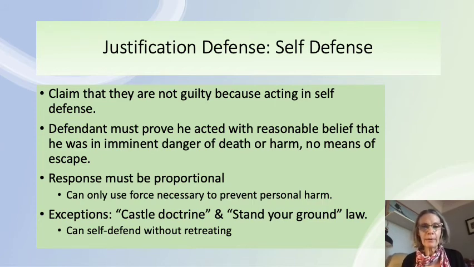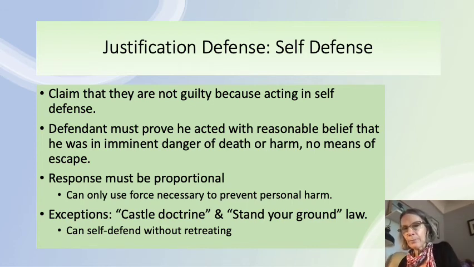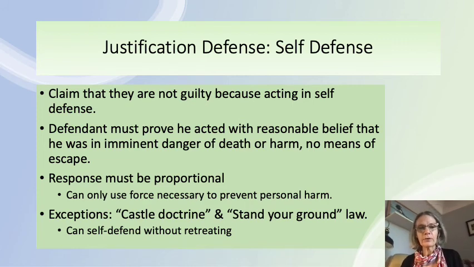So if you're in your home and somebody enters your home, you don't have to try to escape your home first. The castle doctrine is basically that you can engage in self-defense even without retreating, because your home is your castle. Okay, so read more about those two exceptions regarding the self-defense justification to get a fuller picture of it.